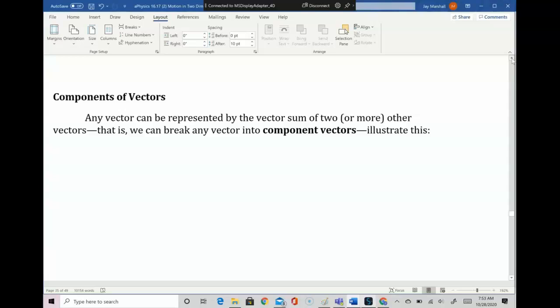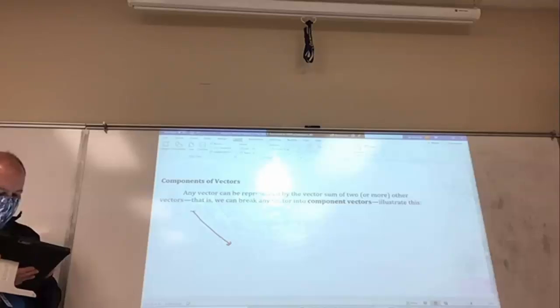So here's what I want to show. If I have this vector, I could break that into two other vectors. I could say that's the vector sum of this plus this.